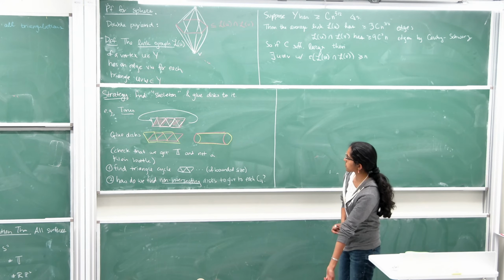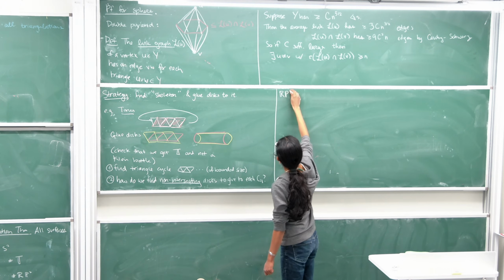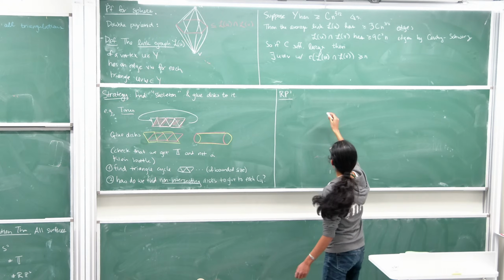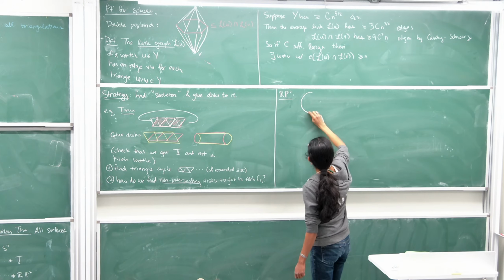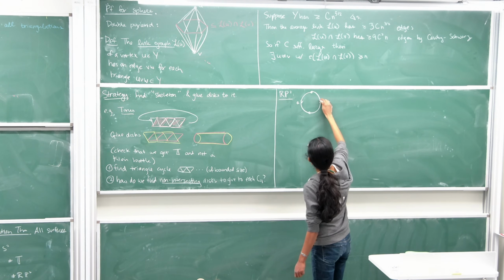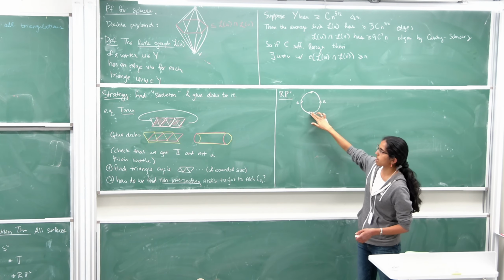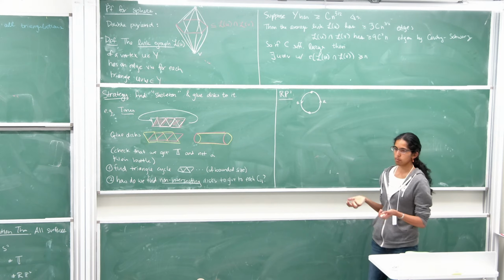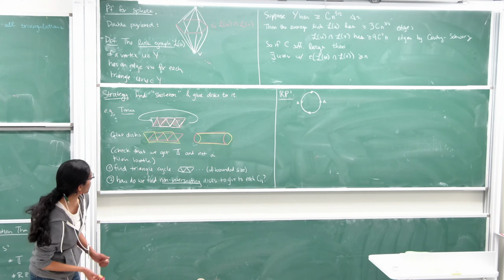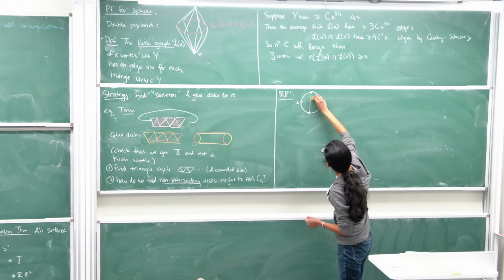So for RP2, the strategy is a little bit simpler. So first I'm just going to draw RP2. So RP2 is you take a disk and then you glue this half of the disk to that half of the disk typically. And I'm going to draw one more arrow in the middle, just for kicks.